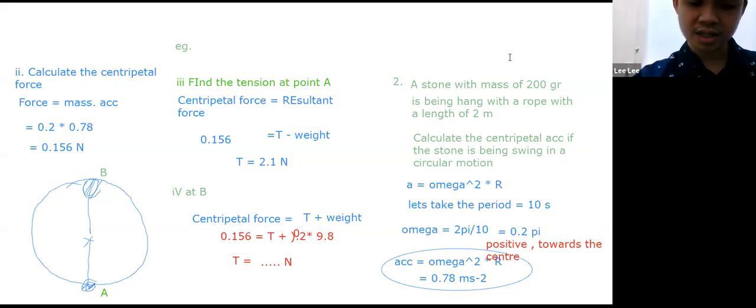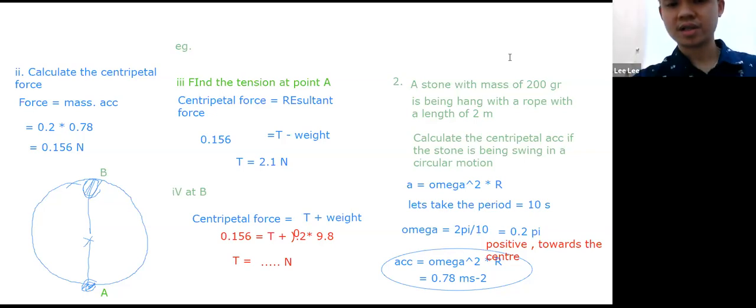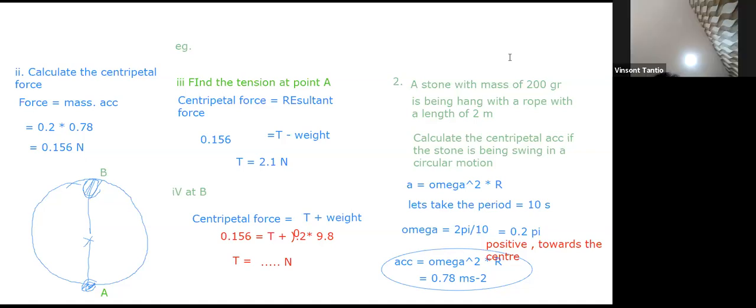Sir, where does the 2.1 come from? The tension 2.1? The tension 2.1 is because it's 0.156 plus the W. Okay.